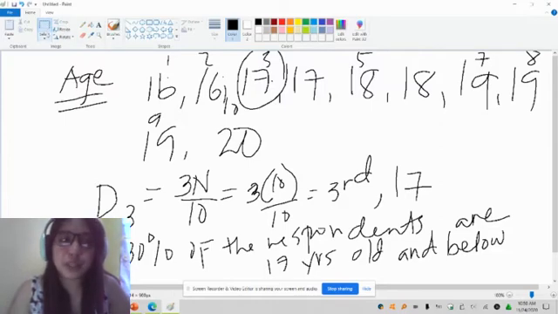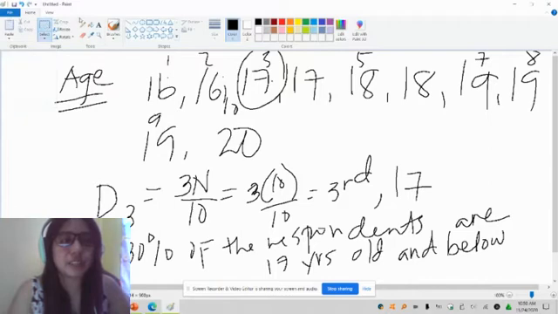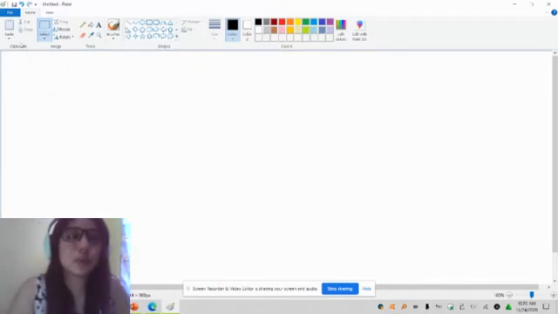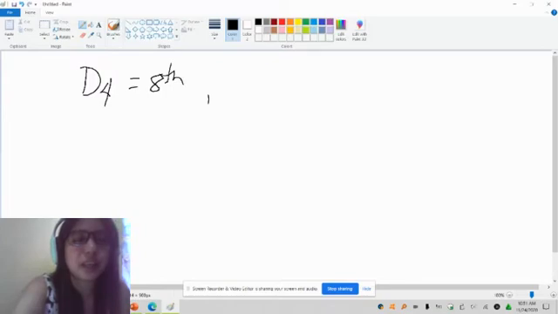But as mentioned again, in case there is no data set available, then it is safe to say the following. In case that we do not have available data and you are provided with the information that D sub 4 is equal to, for example, the eighth term, and the eighth term is, let's say, 20 years old.